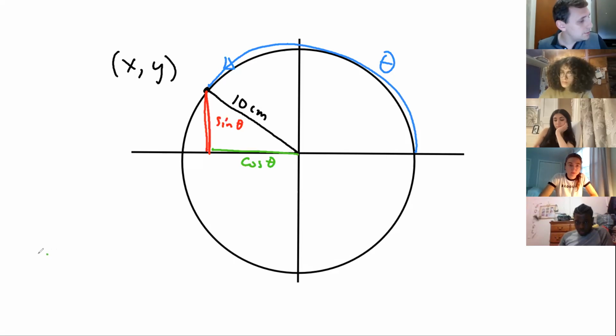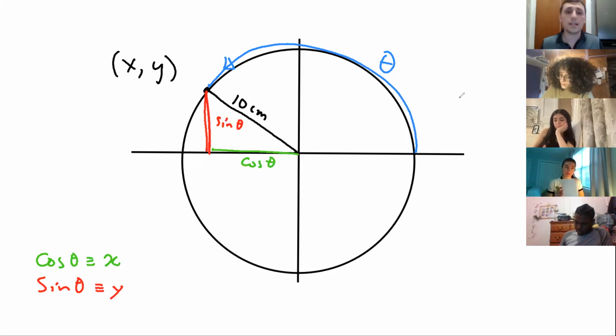I would have said that cosine theta measures the same thing as x, and sine of theta measures the same thing as y. I say measure the same thing because it's not using the same units. What is sine of theta measuring?